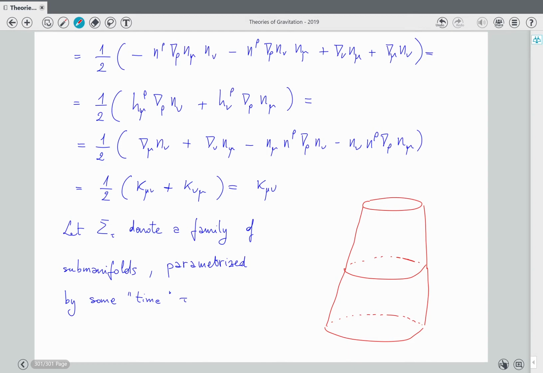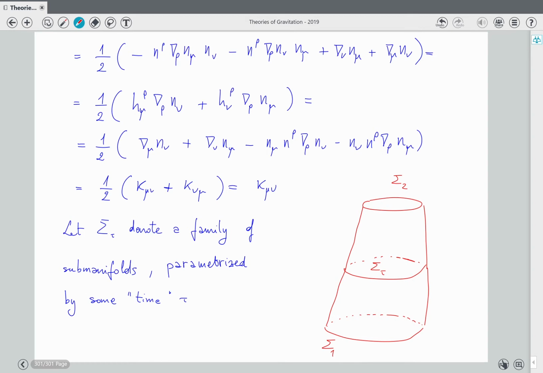We will describe the boundary of our four manifold as the union of the boundaries that you see here when we take the boundaries of this at infinity. So here you have sigma 1, there you have sigma 2, here you have sigma tau.